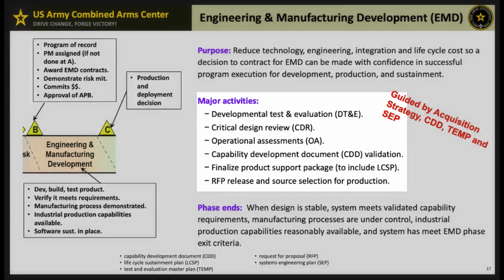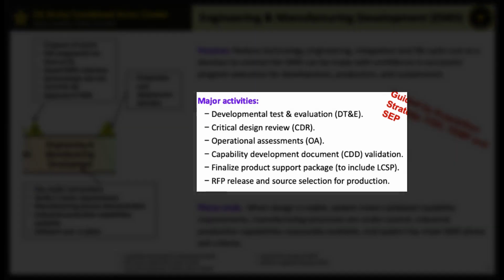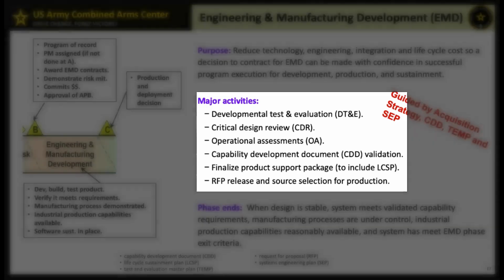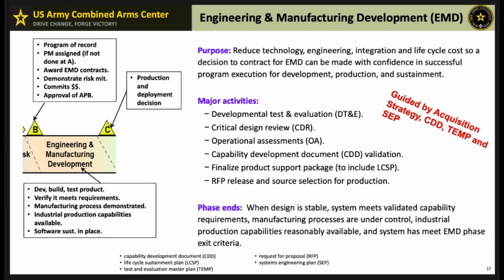So key activities during this phase include developmental test and evaluation, critical design review, operational assessments, CDD validation, finalizing product support package. This is completing the lifecycle sustainment plan to ensure long-term supportability of the system.